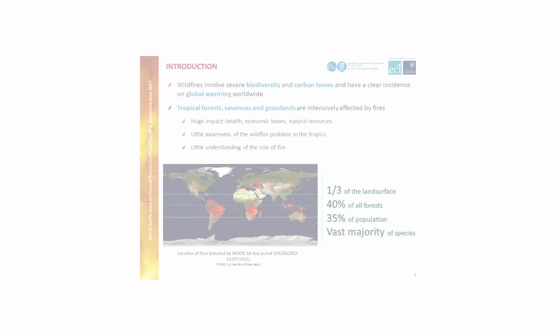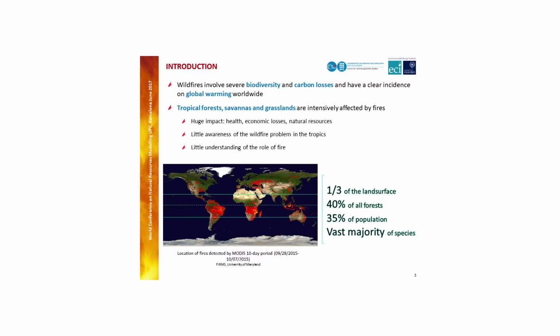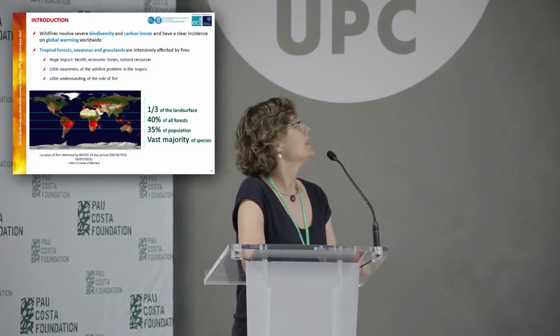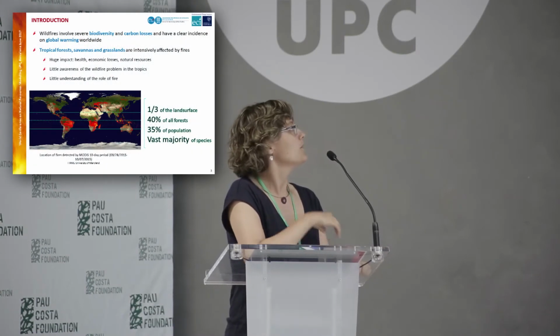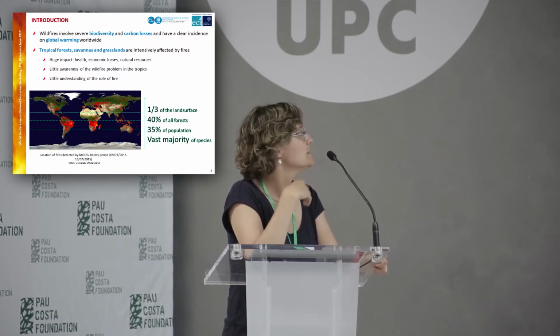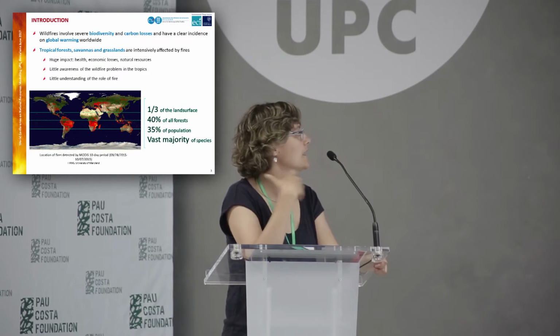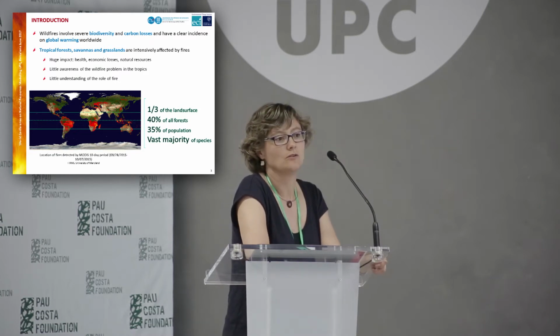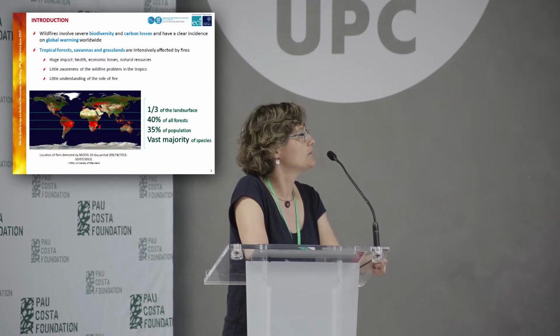It is already well known that wildfires involve severe consequences worldwide, but today I would like you to bring your attention to the tropics, to that area in here, because it is home to most of the world's biodiversity. Tropical forests, savannas, and grasslands are intensively impacted by fires, with a large number of people affected, also with high economic losses, and also with a huge destruction of untold natural resources.